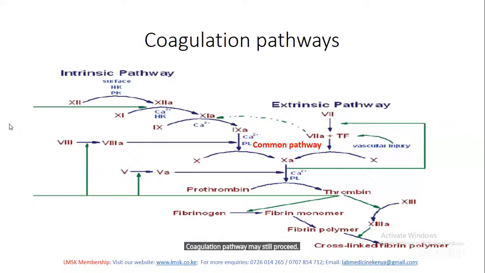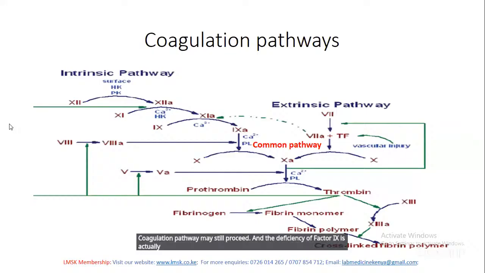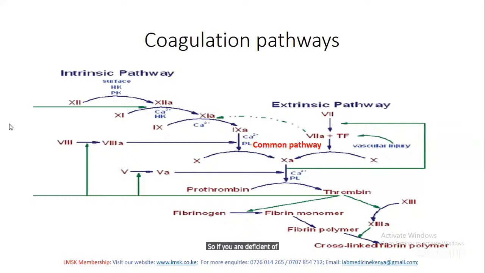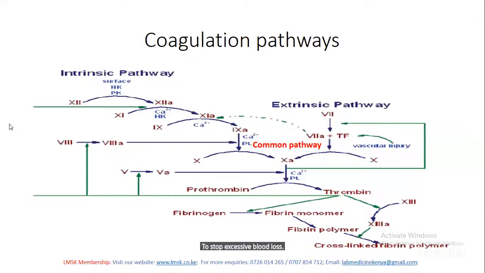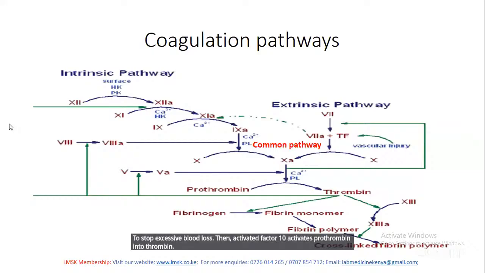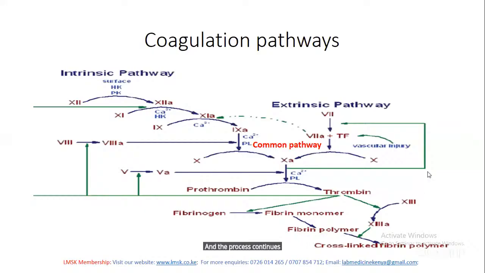The deficiency of factor 9 is actually called hemophilia B. So if you are deficient of factor 9, you can still have your blood clotted when need be to stop excessive blood loss. Then activated factor 10 activates prothrombin into thrombin, and the process continues as we had explained before. Let's move to the next slide, please.